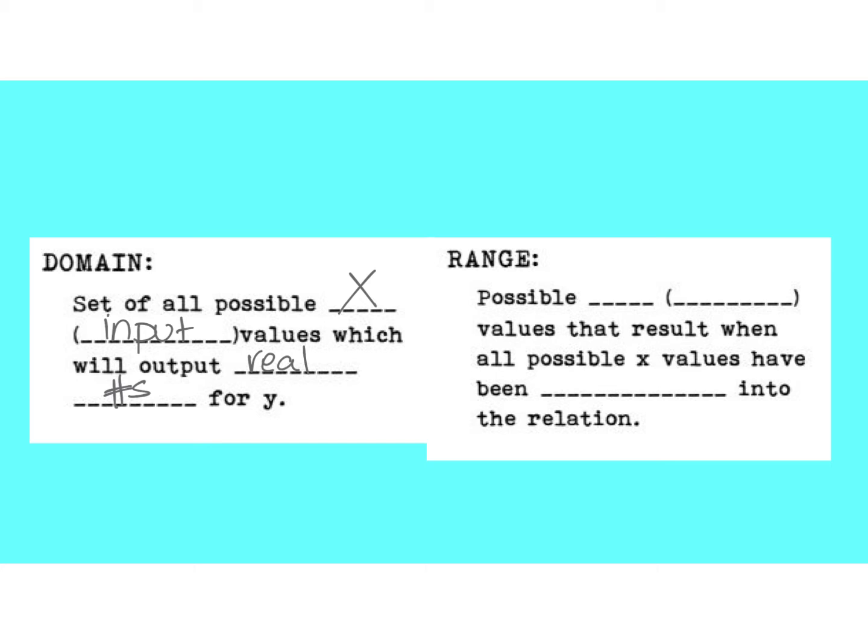And again, the domain runs from left to right. Now, range are all your possible y values or output. And this is when x values have been input into a relation. So that's how they are related to each other.